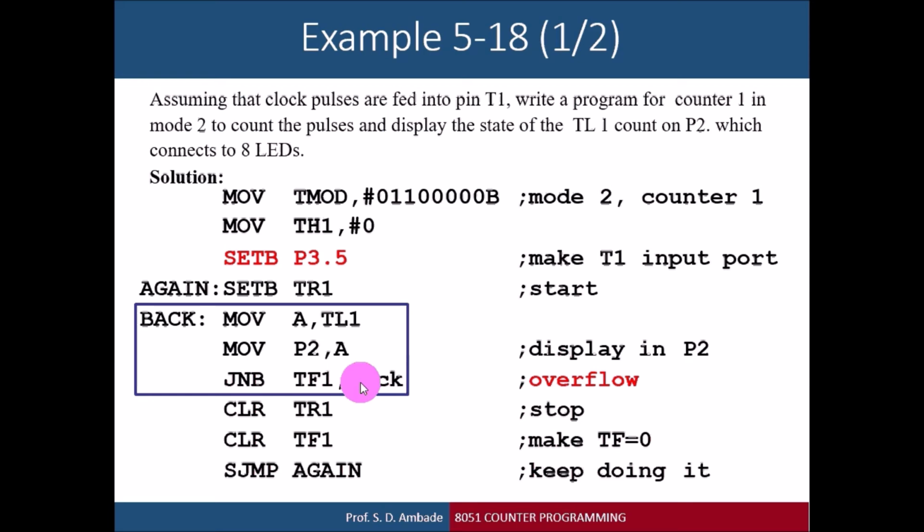Whenever the counter overflows, TF1 will be set and the loop broken, and the next instruction will be executed, which is CLR TR1, meaning stop the counter, and CLR TF1, meaning make TF1 equal to 0. And SJMP AGAIN, here is the AGAIN label, meaning keep doing this process again and again. So this is the program.